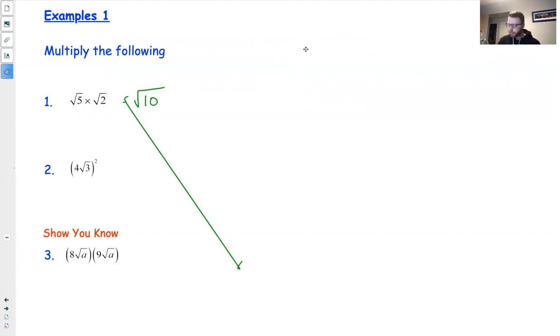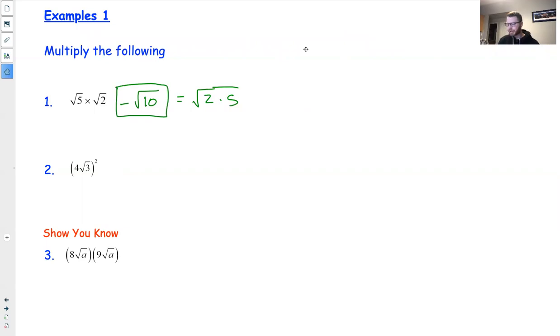We could try to simplify that, but that would just simplify to root 2 times 5, and there's nothing we can do about that. So root 10 is our fully simplified answer. You could leave it as root 2 multiplied by root 5, but that is not proper notation. So root 10 looks a little bit cleaner for us.